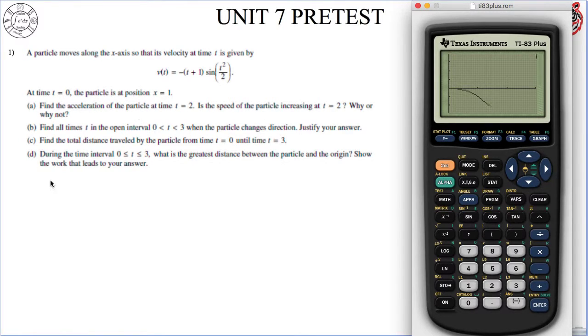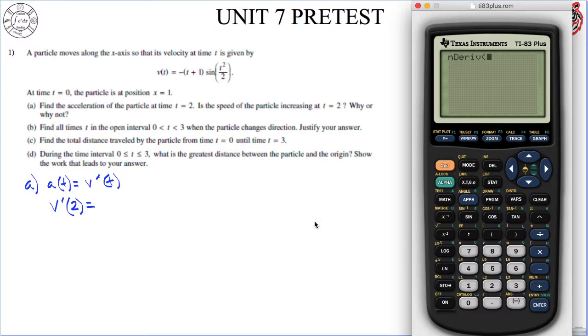To find acceleration for part A, acceleration of time is equal to velocity prime, the derivative of velocity. So when I'm plugging in 2, the way that I do that on my calculator, let's get out of this, second quit, is I go to math and I'm going forward, so 8.